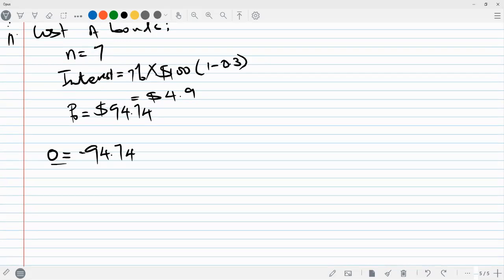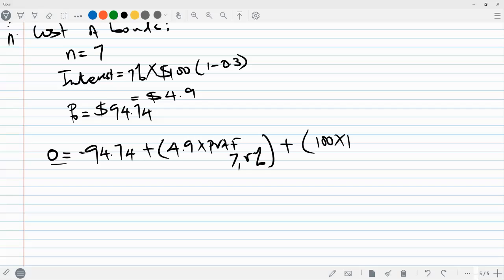Therefore, negative the current market value plus the interest 4.9 times the present value interest factor for 7 years at R%, where R% is the cost of debt, plus the redemption value 100 times the present value interest factor for 7 years at R%. The sum of the present value of the interest and redemption value gives us 94.74, so the difference ought to be equal to 0.